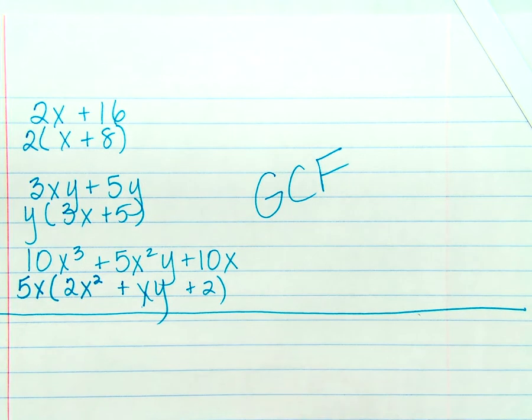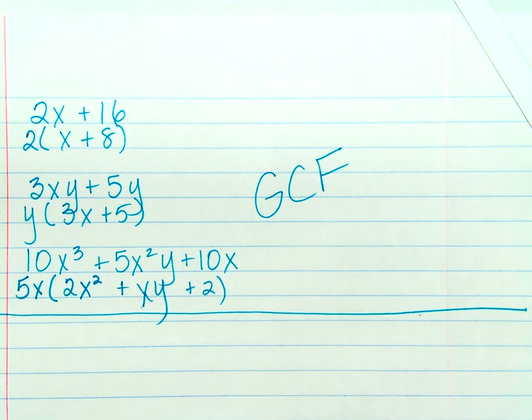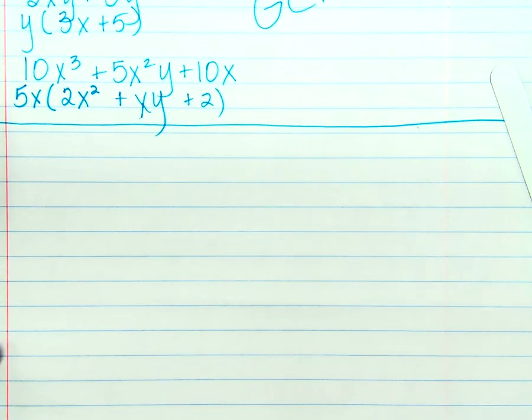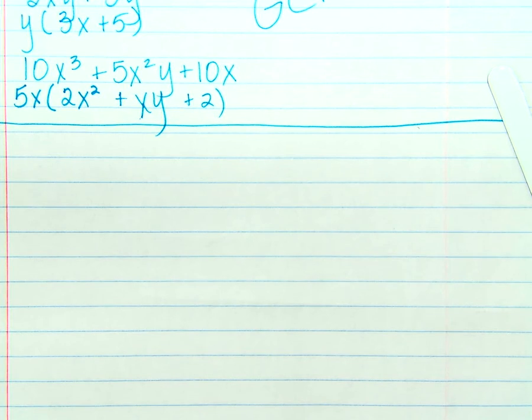So before we do anything on any of these problems that we're doing today, we want to look for a greatest common factor. Once we have looked for and taken out, if there's one, a greatest common factor, the next step in factoring really depends on how many terms you have. Where you go, what you think about, where you head really depends on how many terms you have.